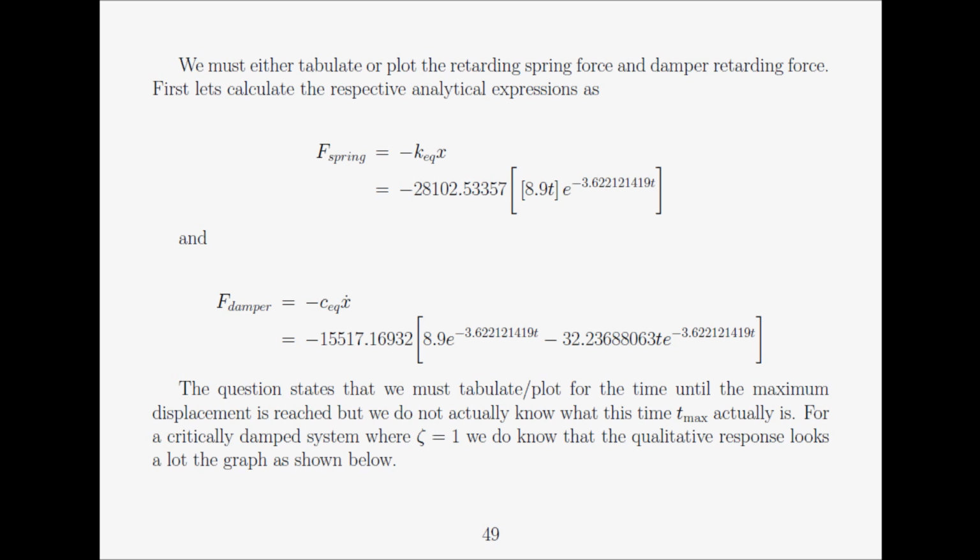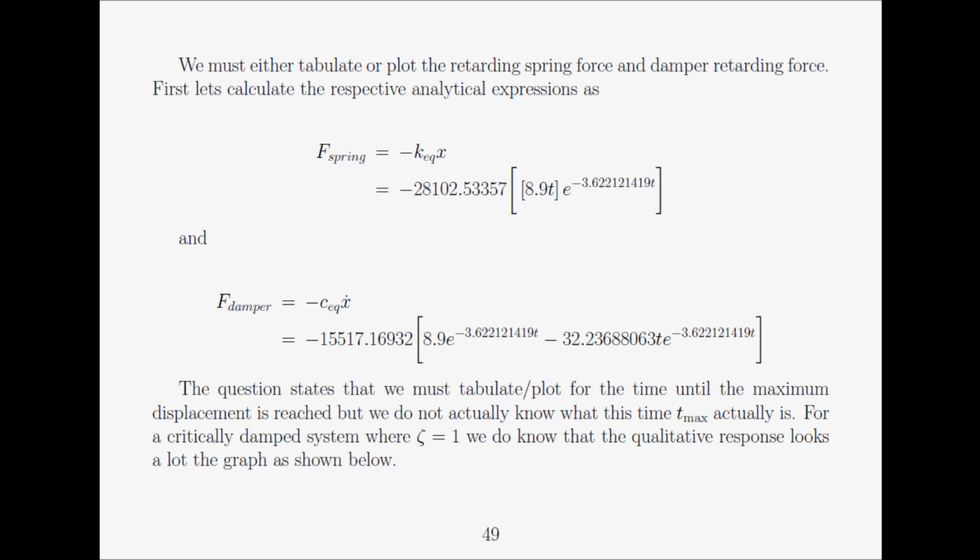We have to tabulate it for a few values. It's a little bit complicated to do it by hand, a bit time consuming, but we know that for a critically damped system, this hand-drawn sketch should more or less look like the system response. We don't know specifically what's the maximum time, but it's not really an issue because we can simulate it for any time.